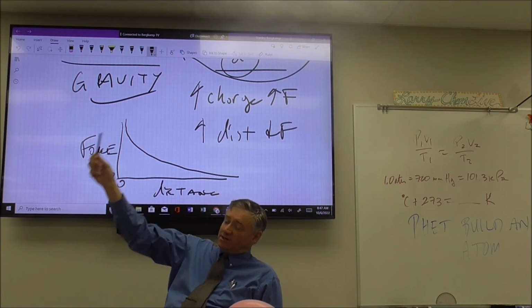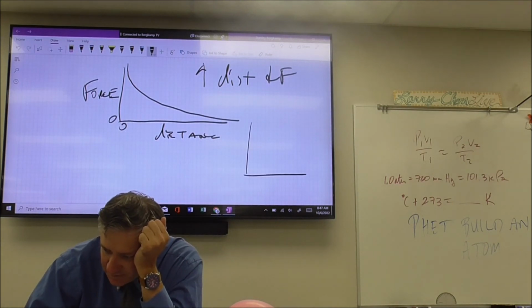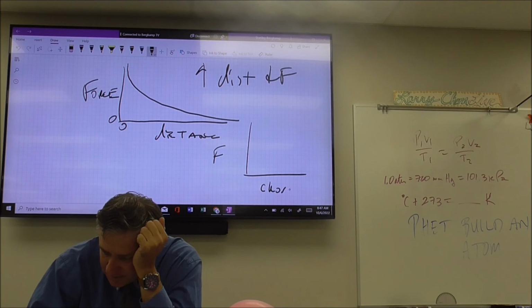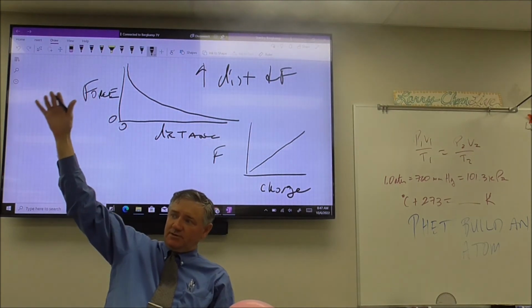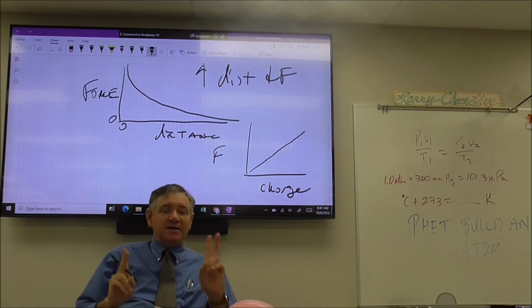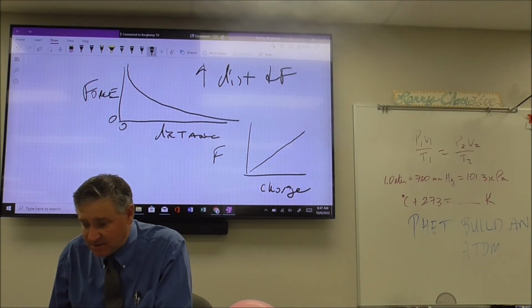But as you increase the charge, if you were to look at force and charge, that's going to go like this. As you put more and more charge on it, the force becomes greater and greater. But here's what you have to remember, and this is going to be important as you answer some of these questions.